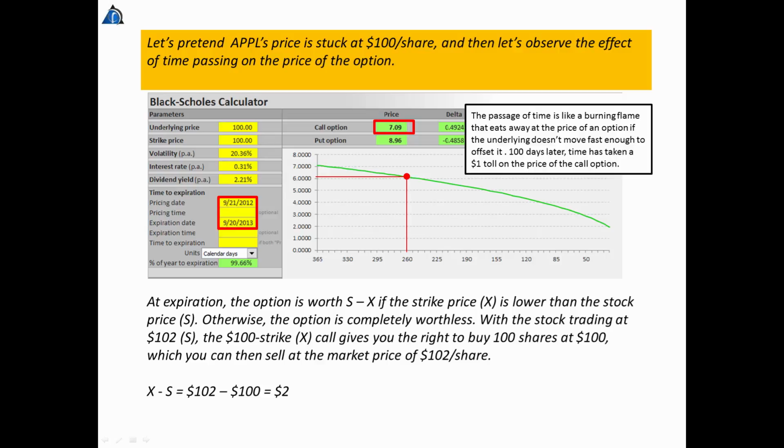For example, with 260 days left until expiration, the price of the option has already dropped by $1. Why? Because the stock hasn't moved. It hasn't moved to counter the effect of time decay.